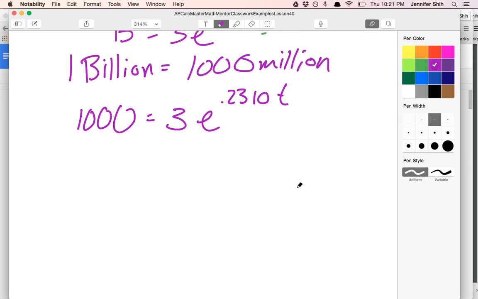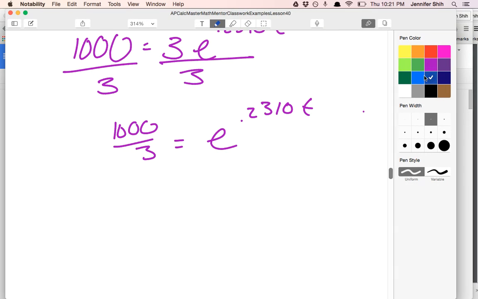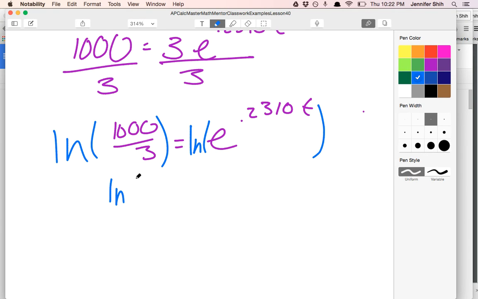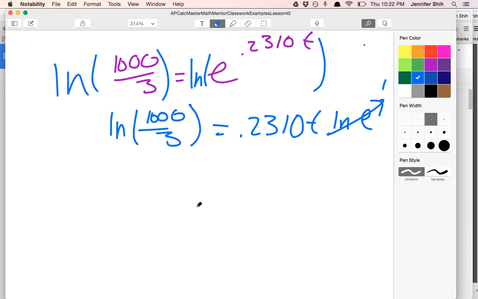And now we're going to use some more algebra skills. Now I have to take the log of both sides, ln. ln of 1,000 over 3 is equal to 0.2310t ln of e, which is going to go to 1. And then I'm going to divide both sides by 0.2310.